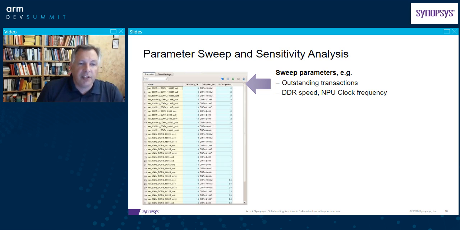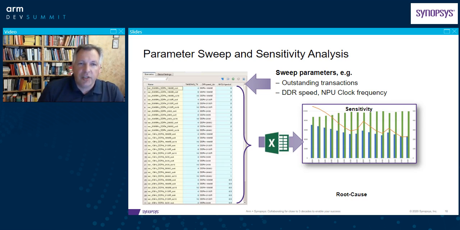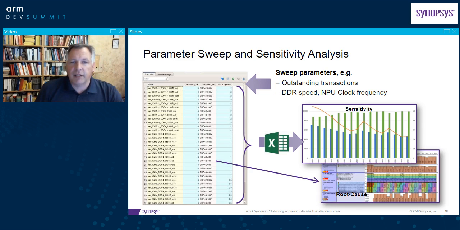With Platform Architect, you can easily configure such a simulation batch that is then all run in parallel. Platform Architect extracts the performance data automatically, so that you can use that, for example, in Excel or Python for sensitivity analysis. And of course, if you still want to look at a single simulation, you can do root cause analysis, looking at graphs or traces, like you've also seen on the last slide.